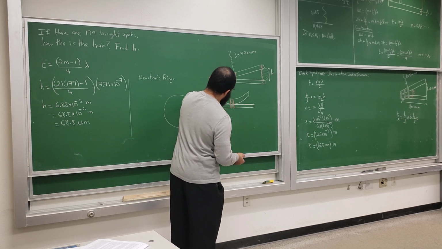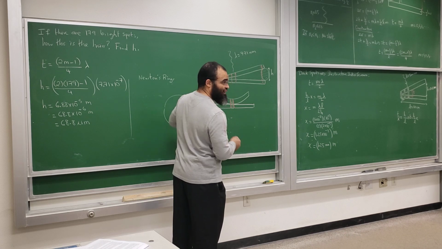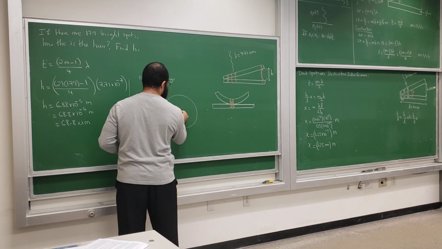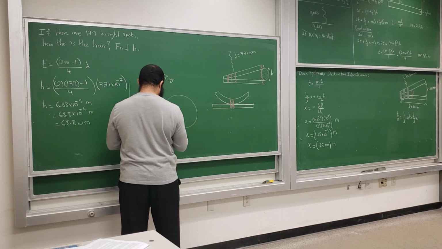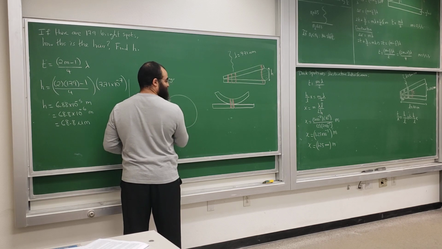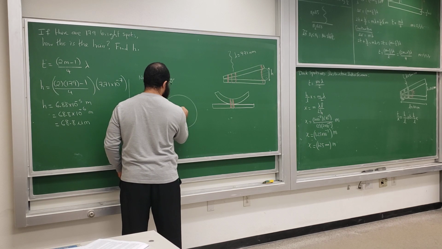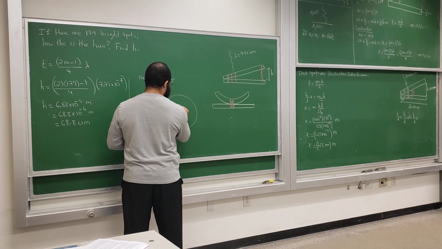This is exaggerated; the gap here should not be that big. You will see a dark spot here, and then a ring, Newton's rings, and then a dark ring, and then a bright ring.